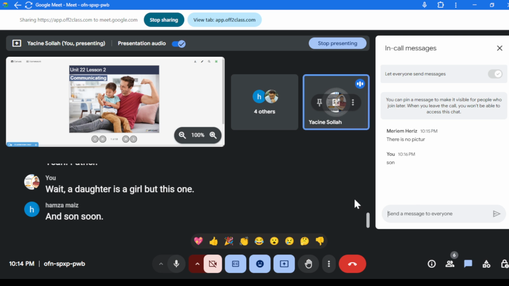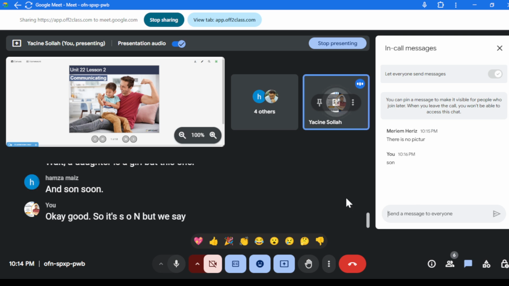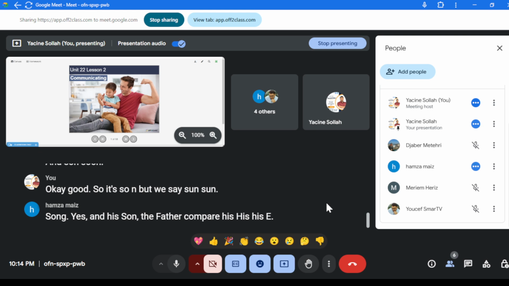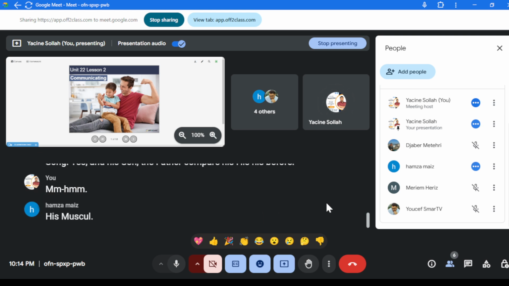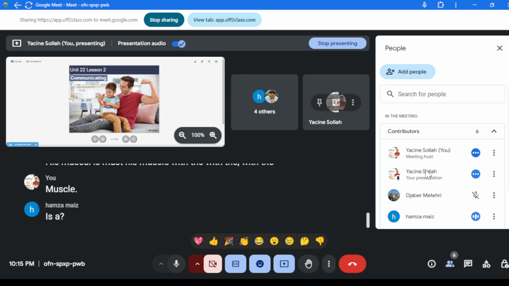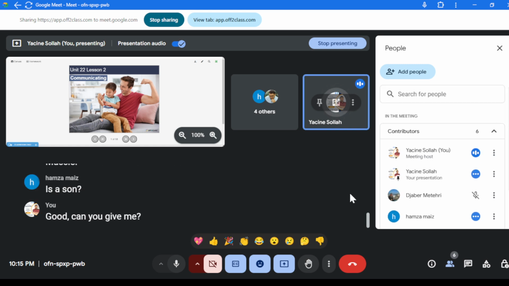Son. Okay, good. So it's S-O-N, but we say son. And his son, the father compares his effort, his muscle, with his son. Good. Can you give me a sentence in here using a comparative adjective?